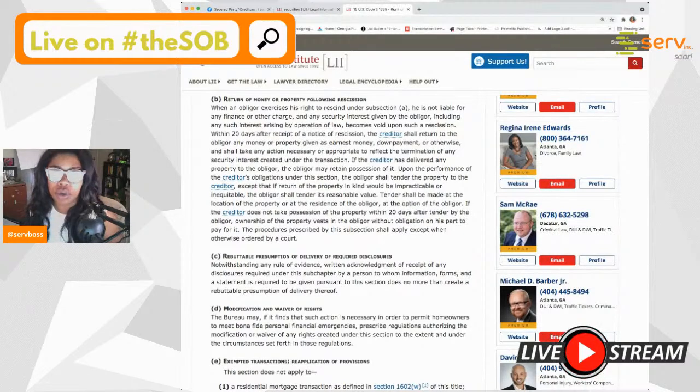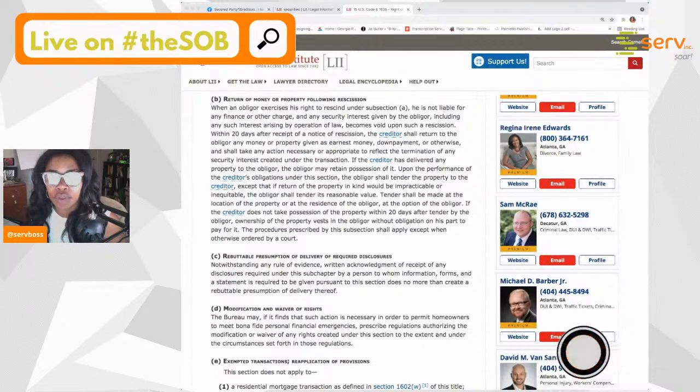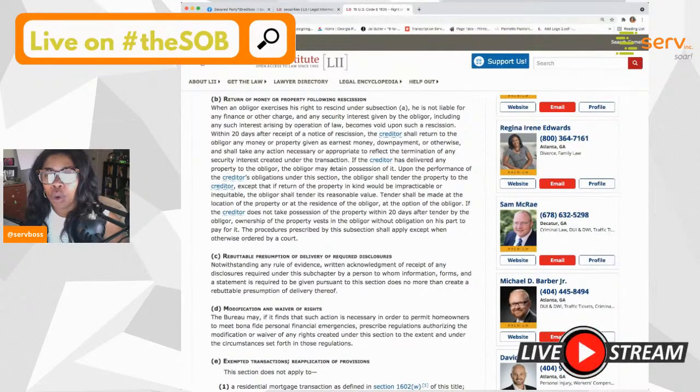Okay. So I'm just going to read a little bit so that you understand why I was getting confused about why this term is not defined. It says here, if the creditor has delivered any property to the obligor, oh, wait a minute, I'm losing my spot because I'm on two different screens.